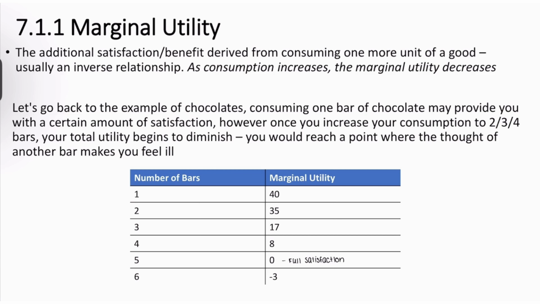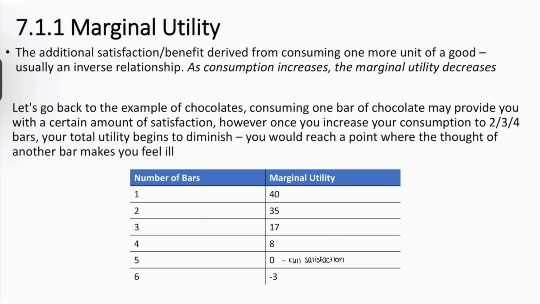Now, marginal utility is the additional satisfaction or benefit derived from consuming one or more additional units of a good. This is usually an inverse relationship. So, as consumption increases, the marginal utility tends to decrease, and we'll get to that later throughout this video. Let's go back to the previous example of chocolates.